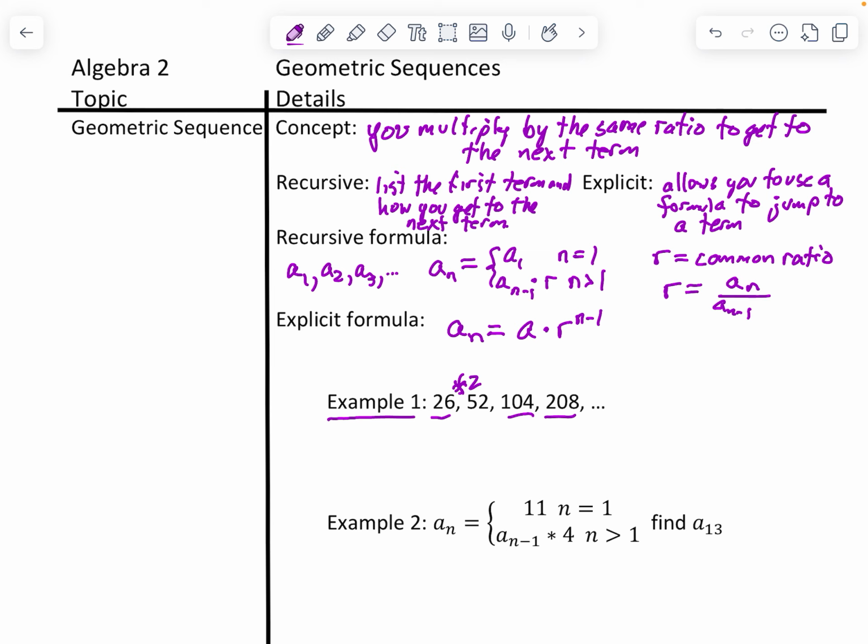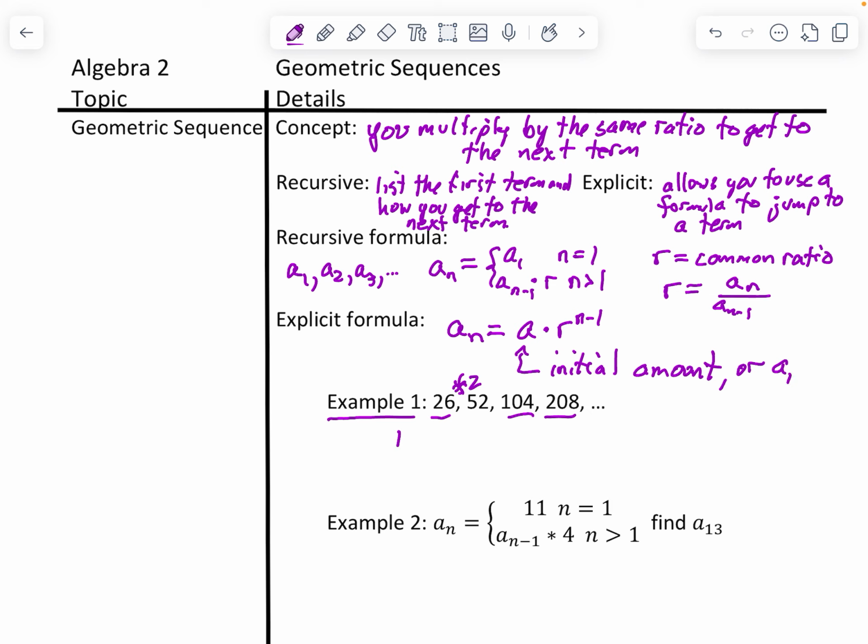And this a, just so you know, is the initial amount, or a sub 1. It's your first term.